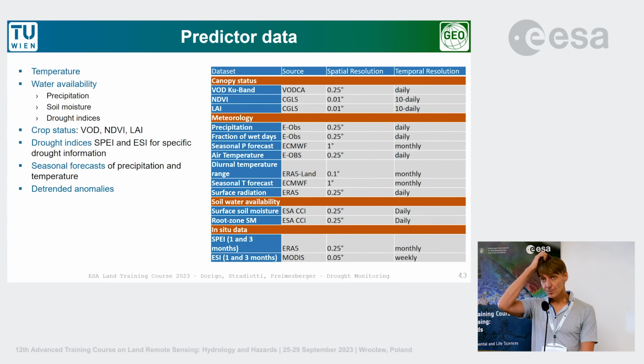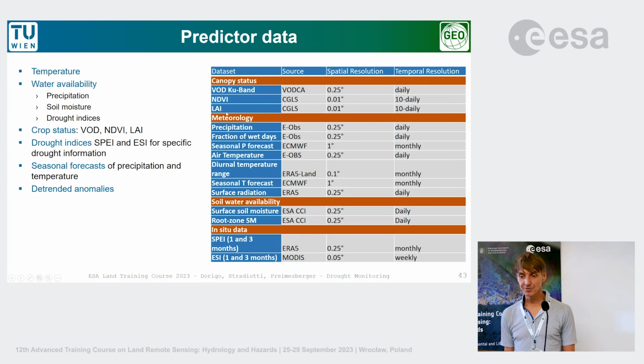The nice thing about machine learning is you can test a lot of combinations and a lot of indicators. Of course, we wanted to know how well we can do using our own products: the VOD, surface soil moisture, root zone soil moisture, but also optical indices like NDVI, leaf area index, or meteorology.